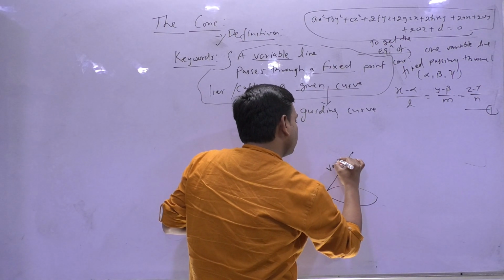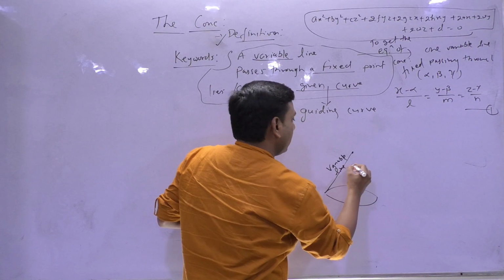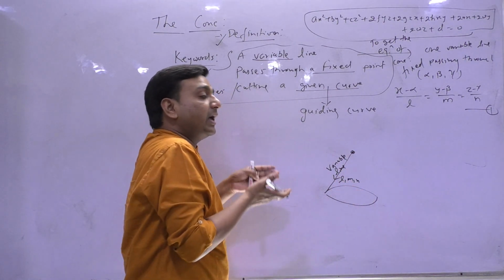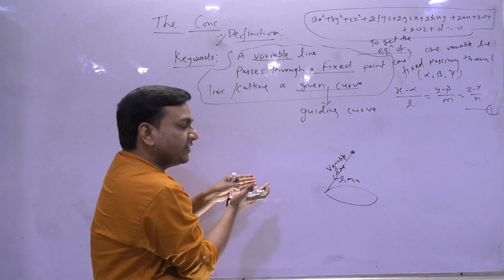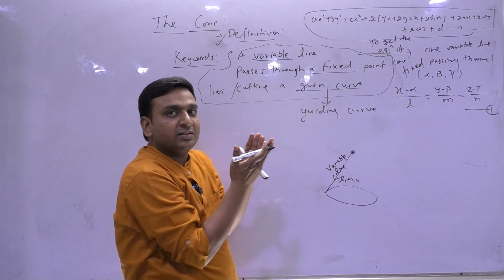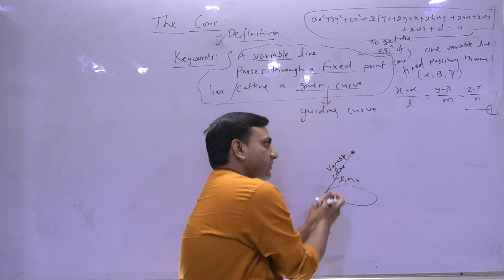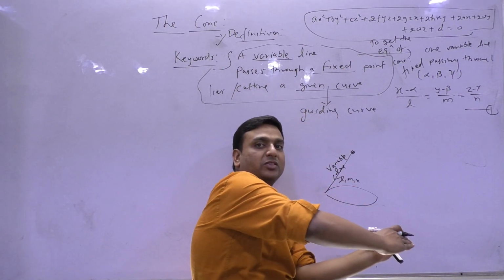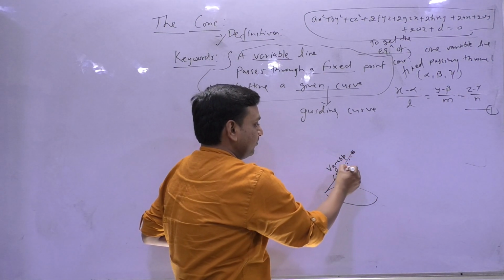Means L, M, N are arbitrary. This line can be in this direction, so L1, M1, N1 are the DCs. If this line is in this direction, L2, M2, N2 may be the DCs. L3, M3, N3 may be the DCs.